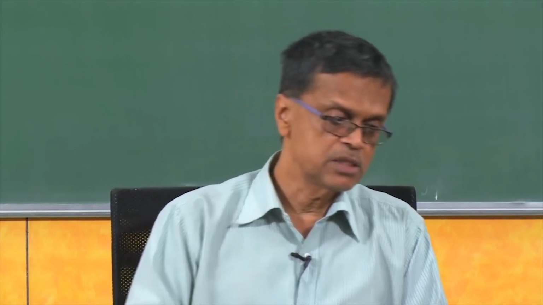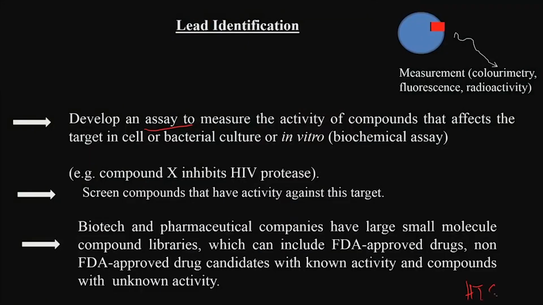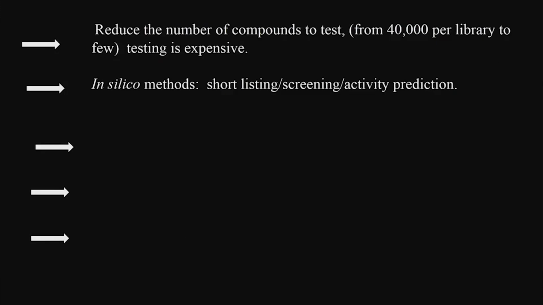So, instead of testing out millions of compounds in my wet lab, which is time consuming and expensive, I could use this in silico screening method and then select only hundreds which look very promising and then test them in vitro using high throughput screening, that is called HTS, and then identify some lead molecules which seem to be very promising. That is called the lead identification.